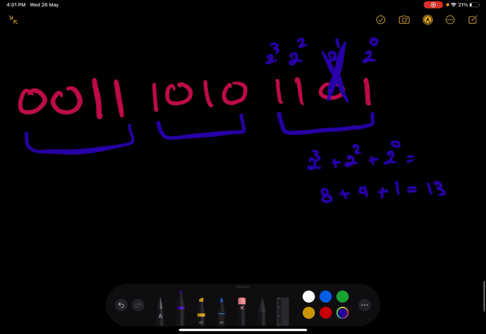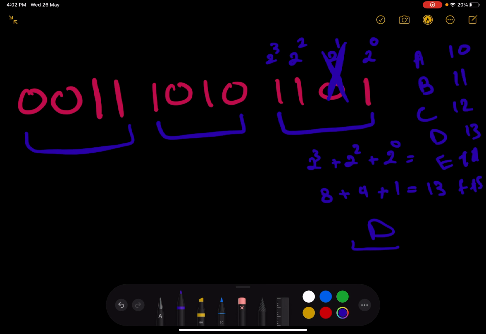13 means D. You won't need to memorize them, because by practicing it will be easy to just figure it out directly. A is 10, B is 11, C is 12, D is 13, E is 14, and F is 15.